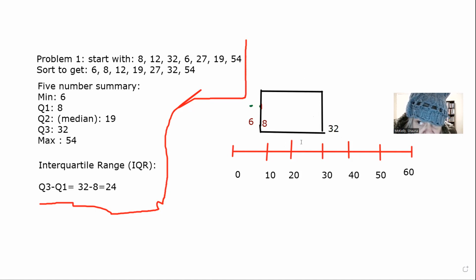Okay, this is 32. Now, this span, this length of this rectangle is my IQR, and it's where 75% of my distribution values lie.